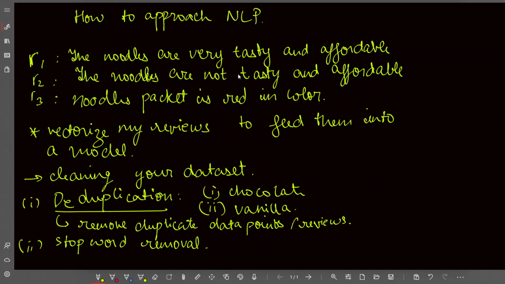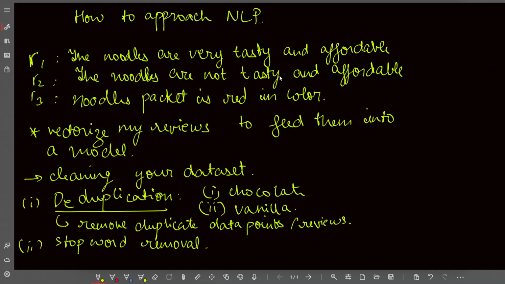The noodles are not tasty and affordable. Noodles packet is red in color. If you take all of these reviews, you would notice that the actual information about the sentiment of the review lies in words like very tasty, affordable, or packet is red in color. Red, packet, color. That is where the information or the sentiment about a review lies.